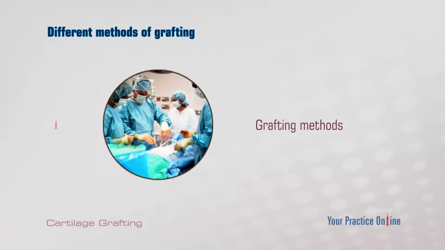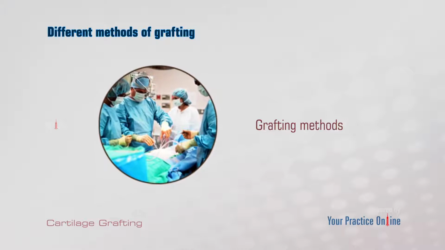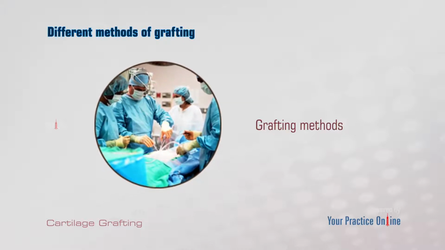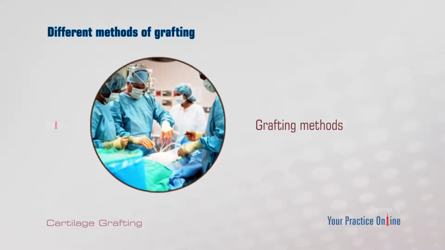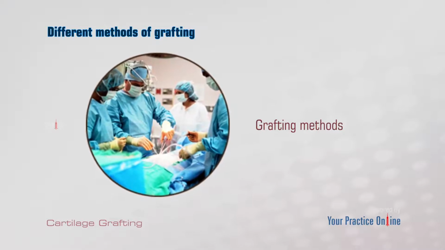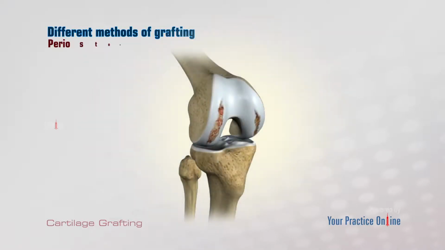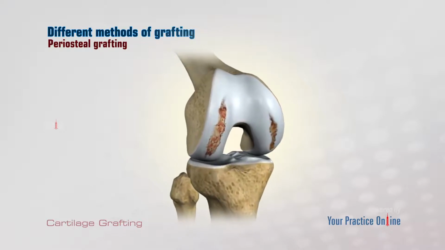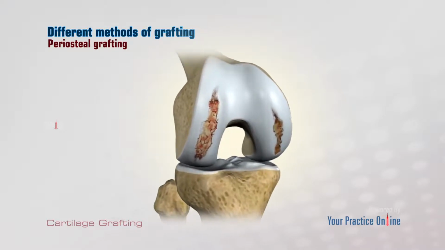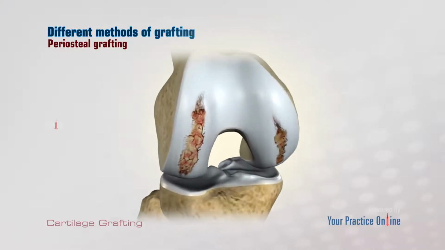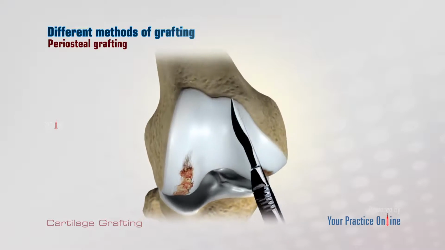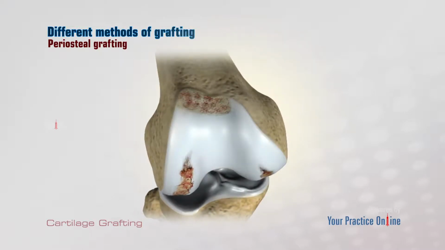Grafting methods. Cartilage grafting can be performed using various techniques depending on your particular situation and your surgeon's preference. Periosteal grafting. This technique is performed in patients with large areas of cartilage damage in the knee. Periosteal grafts are taken from tissues lining the outer surface of bones in a non-weight-bearing area of the joint.